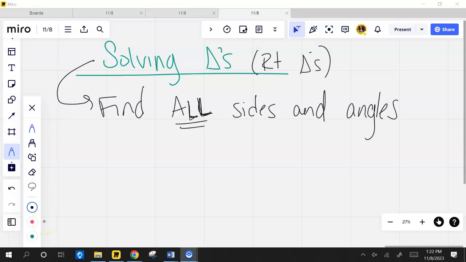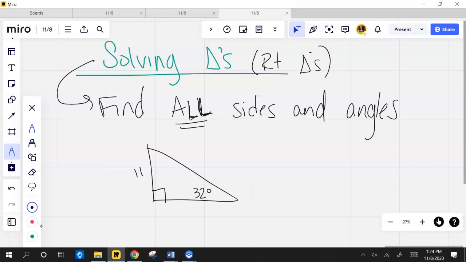All sides and angles. Solve the triangle.